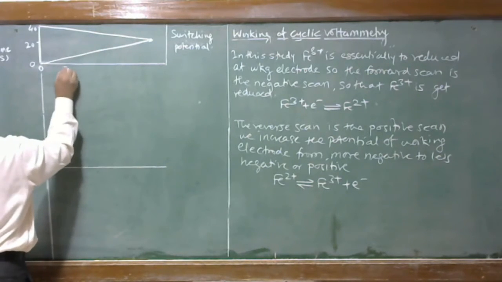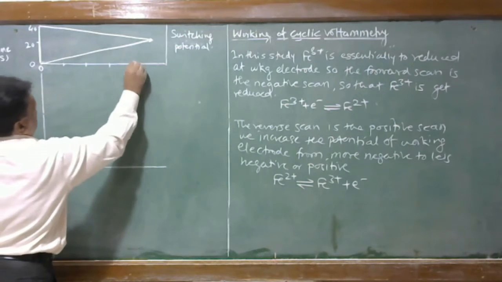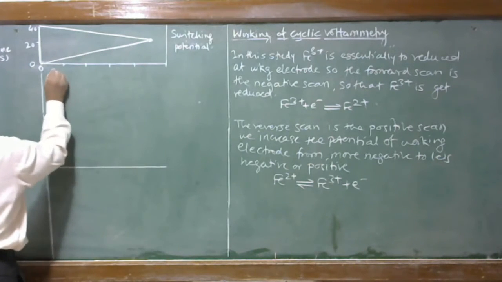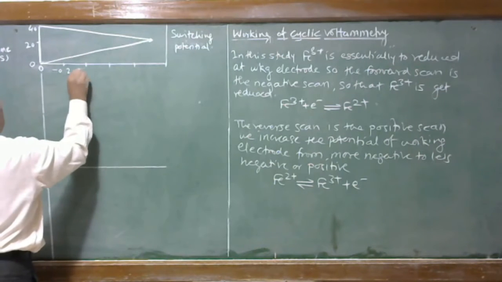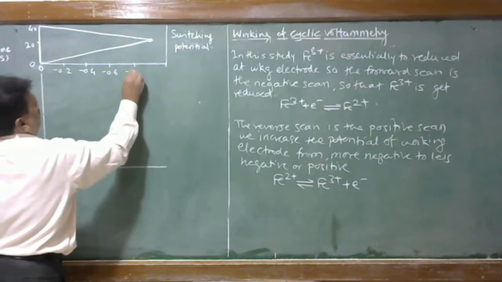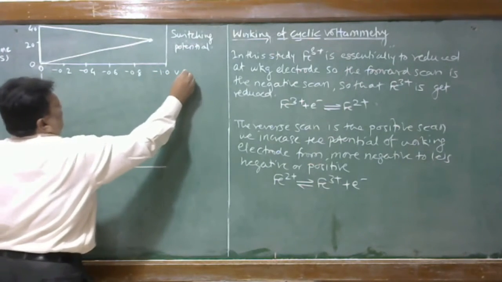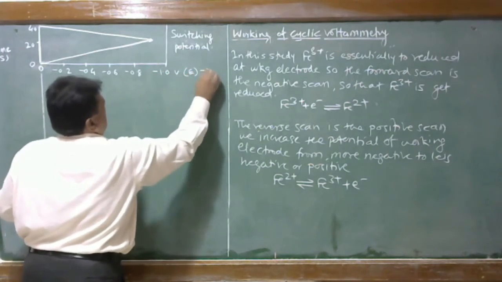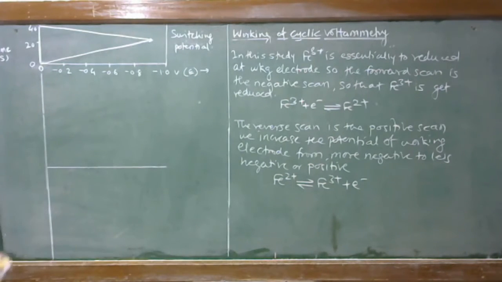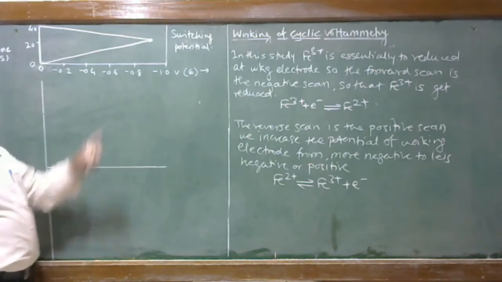This is a potential, suppose minus 0.2, minus 0.4, minus 0.6, minus 0.8, minus 1.0 volt, like this. Now this is a potential sweep program used in cyclic voltammetry.